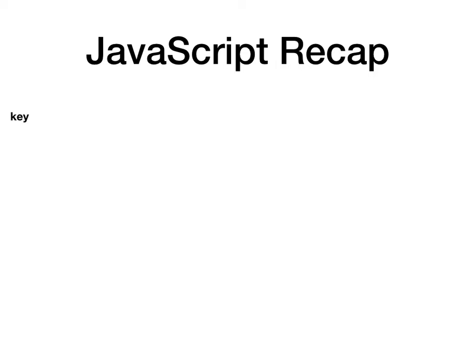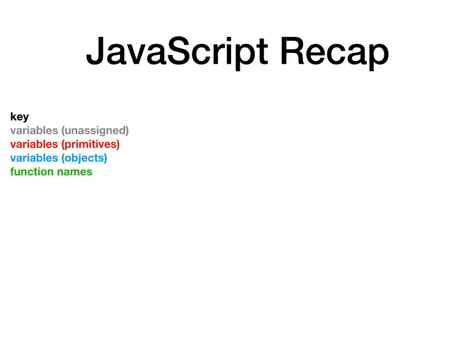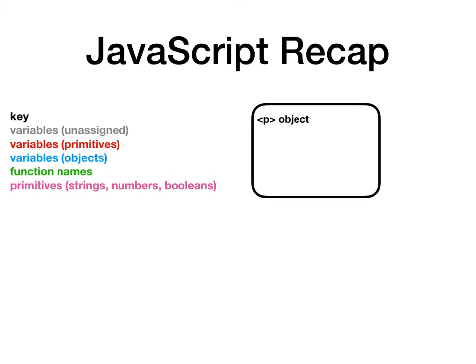So here's the key. We have unassigned variables, variables that contain primitives, variables that contain objects, some function names, and then just actual primitives. So let's look at a paragraph element, right? Paragraph object. This is just the top part. Ignore, more or less. It's just a label, right? What's actually inside that paragraph object? It has an ID value, right?